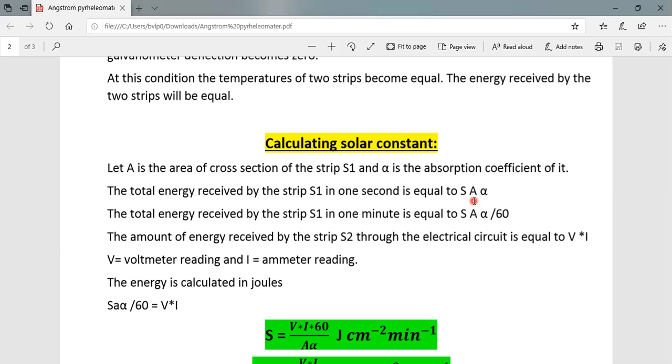And here we have another term, the absorption coefficient of the metal strip, alpha. It depends upon the nature of the metal, what metal we have chosen. So the total energy absorbed by the metal strip S1 is equal to the solar constant multiplied by the area of the plate and multiplied by the absorption coefficient. This is divided by 60 because we are calculating that in 1 minute here.